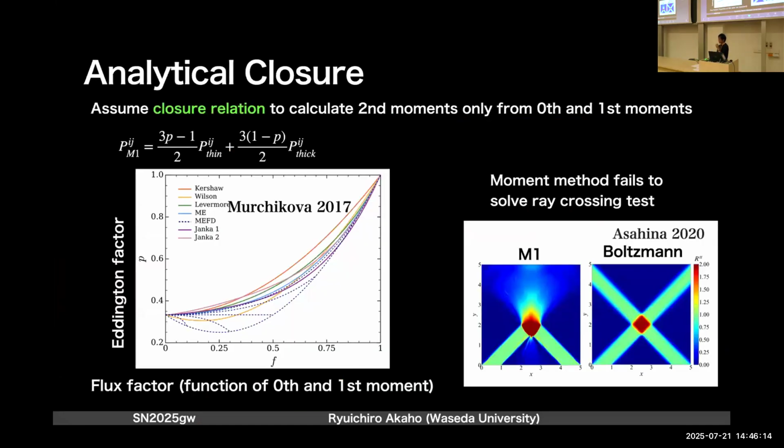To close the equations, analytical closures are usually used, but we don't know how the moment method deviates from the Boltzmann one. In order to calibrate the closure relations, we need to solve the Boltzmann equations.